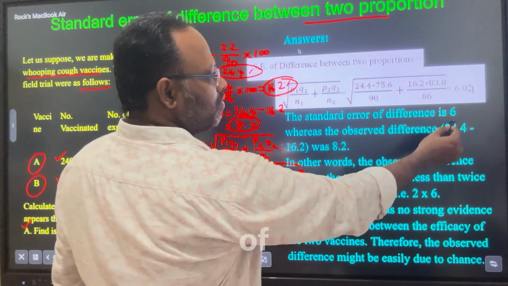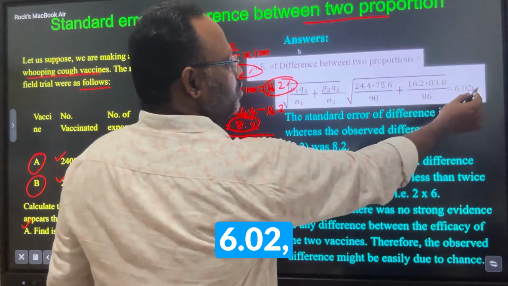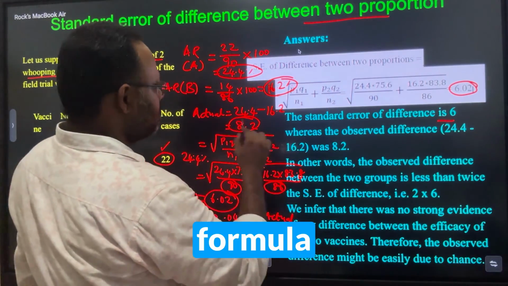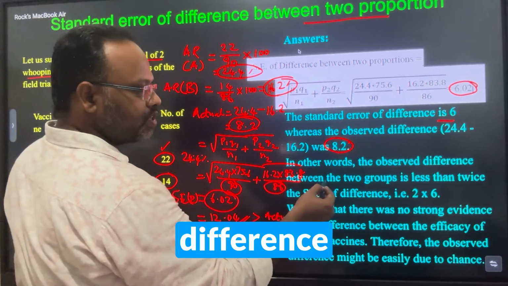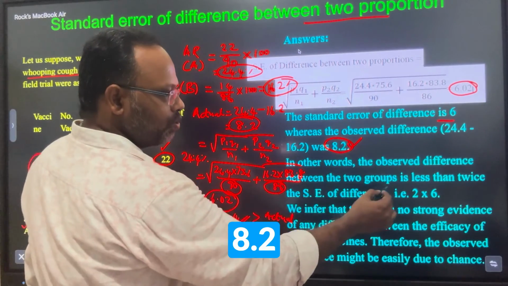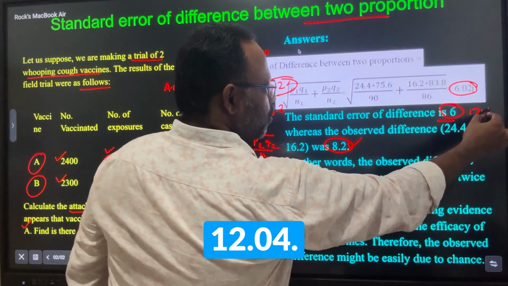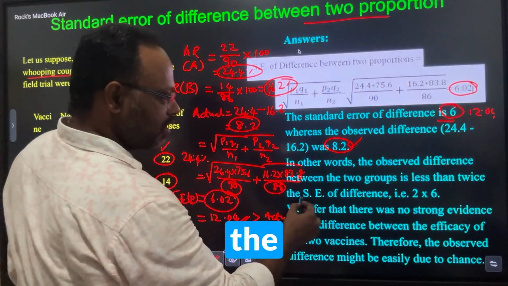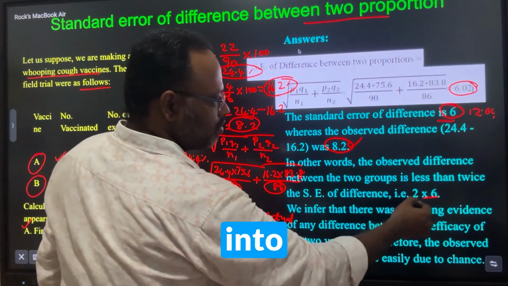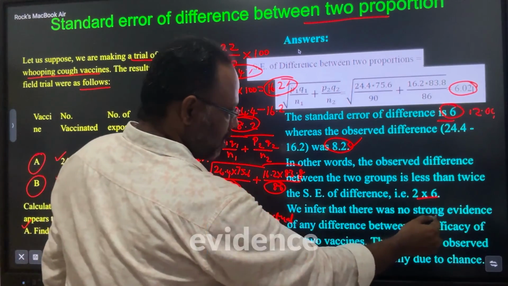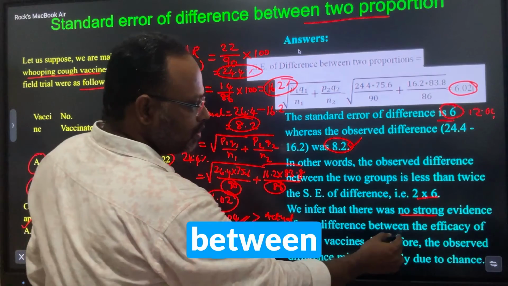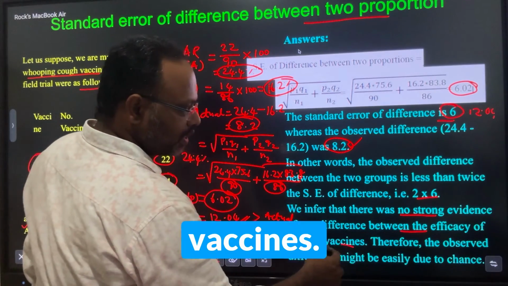The standard error of difference is 6.02, which we have found from the formula, and the actual difference is 8.2. In other words, the observed difference between the two groups, 8.2, is less than 12.04, which is twice the standard error of difference, that is 2 into 6 equals 12. So we infer that there was no strong evidence of any difference between the efficacy of the two vaccines.